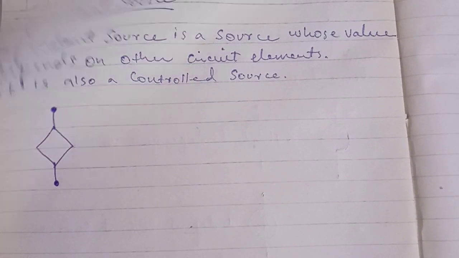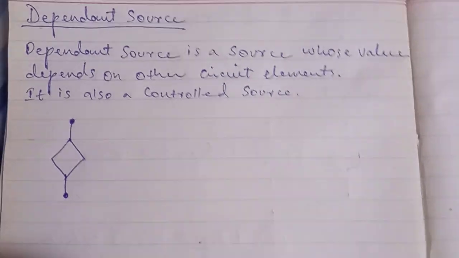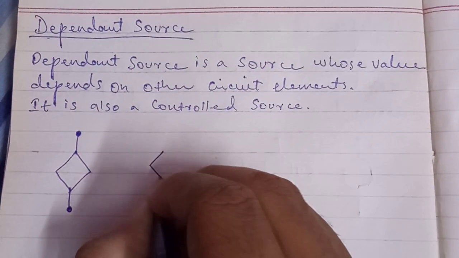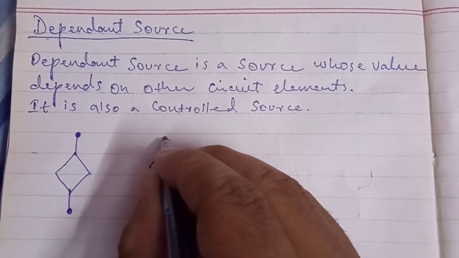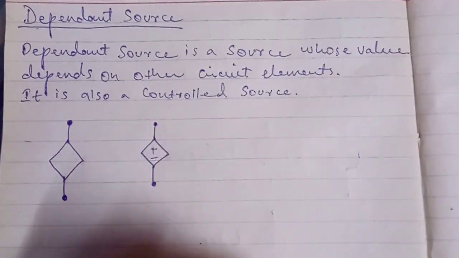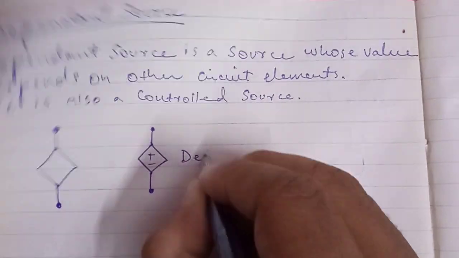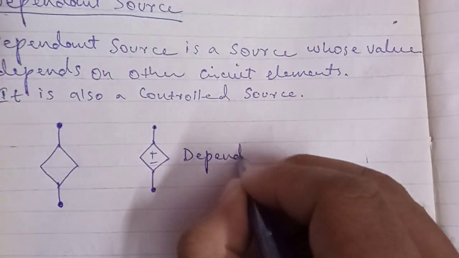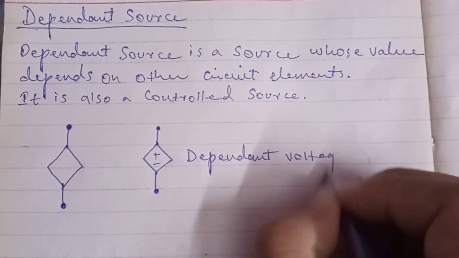Now if I mark the polarity positive negative into the shape, obviously it's a dependent voltage source, because polarity plus minus always represents the voltage.